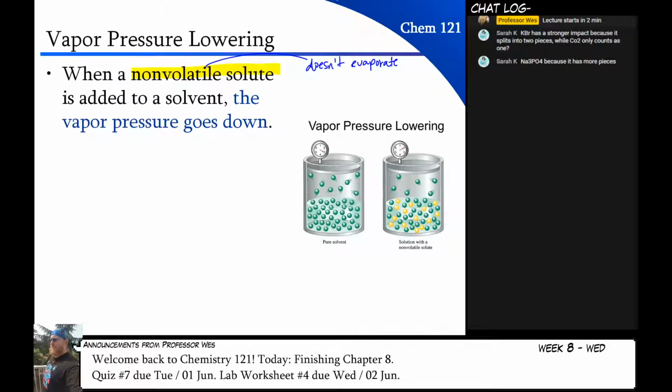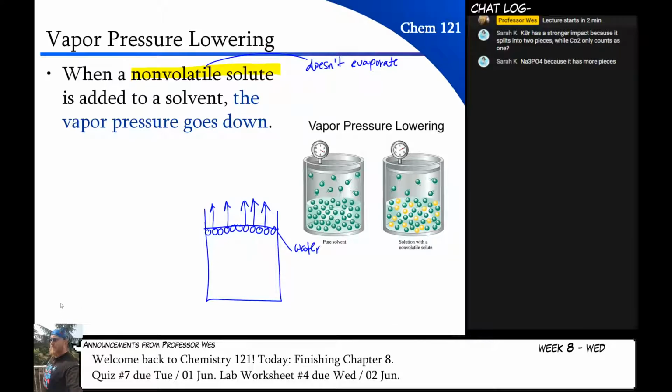When you add a non-volatile solute to the solvent, the vapor pressure goes down. And here's why. If this is the surface of my container, it's kind of hard to see from the sideways angle. Here's my solution. Here's the surface, and I'm going to do water in blue. Some number of particles are going to evaporate from the surface because they are able to.